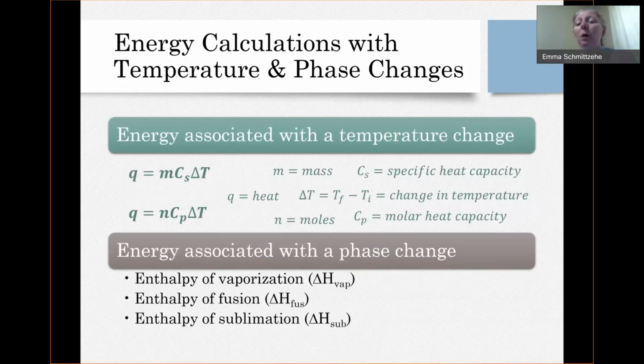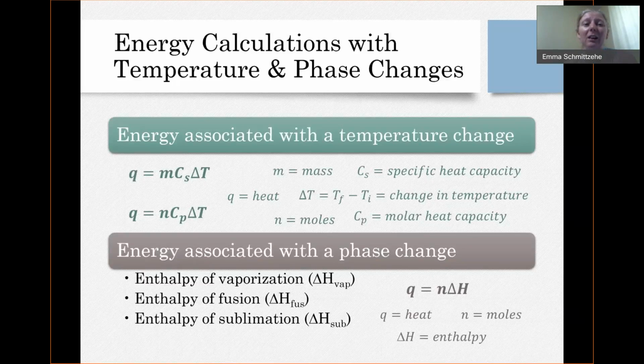So you can write out the calculation kind of as an equation, just like the temperature change equation, but it involves the delta H. And so with that, it'll just simply be a number of moles, so n times delta H. Most of the time when you have these enthalpies, they're given in units of kilojoules per mole.